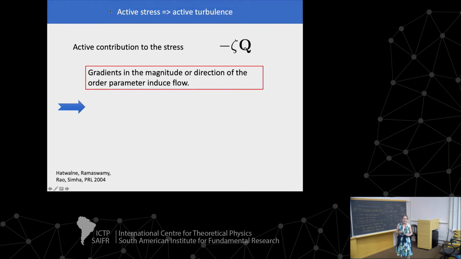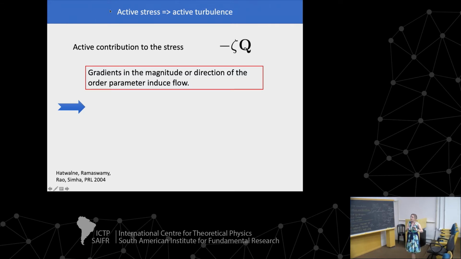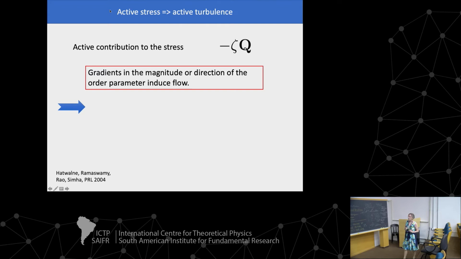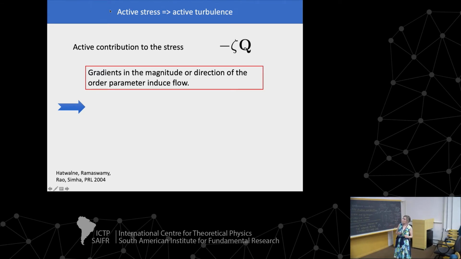OK, I'm now going to say that again in words. This is the important bit, so don't worry if you didn't like the last bit. Because you've got these active particles swimming around in your fluid, you have an extra stress.